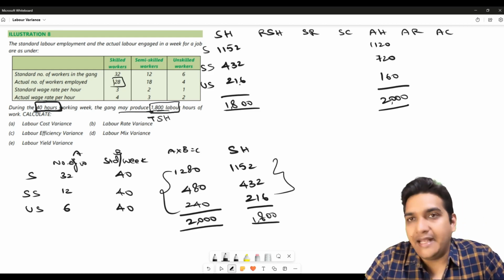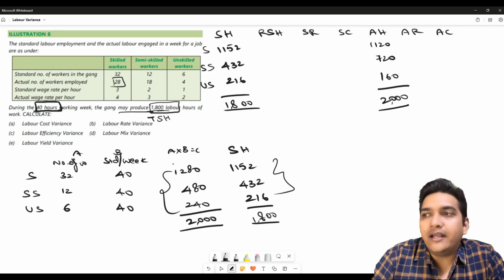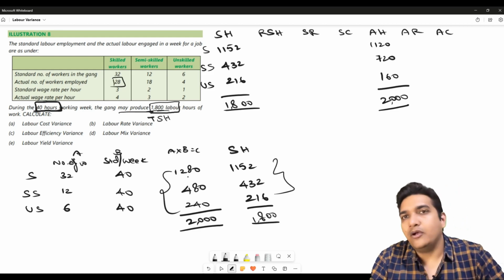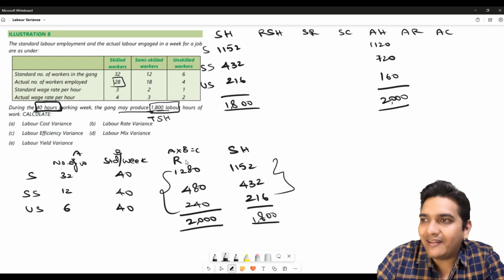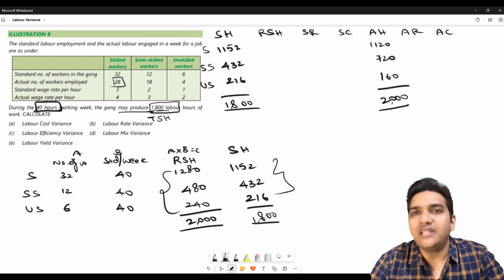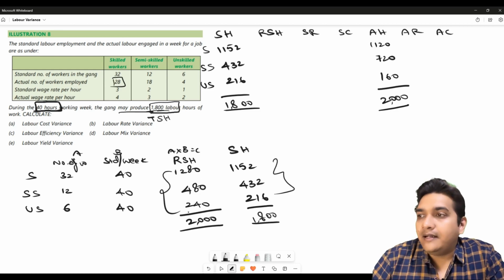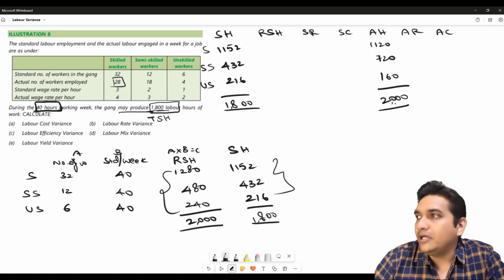Yes. Next, I did not name this column. Why? Because this column represents my revised standard hours. How? What is my actual hours? 2000.